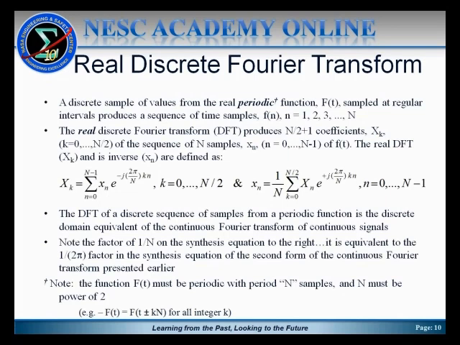That 1 over N factor is equivalent to the 1 over 2 pi in the synthesis equation of the second form shown for the continuous Fourier transform. It's basically the same scaling. 1 over N would be the total period of the discrete Fourier transform coefficients, where 1 over 2 pi is the period of the time domain sequence.